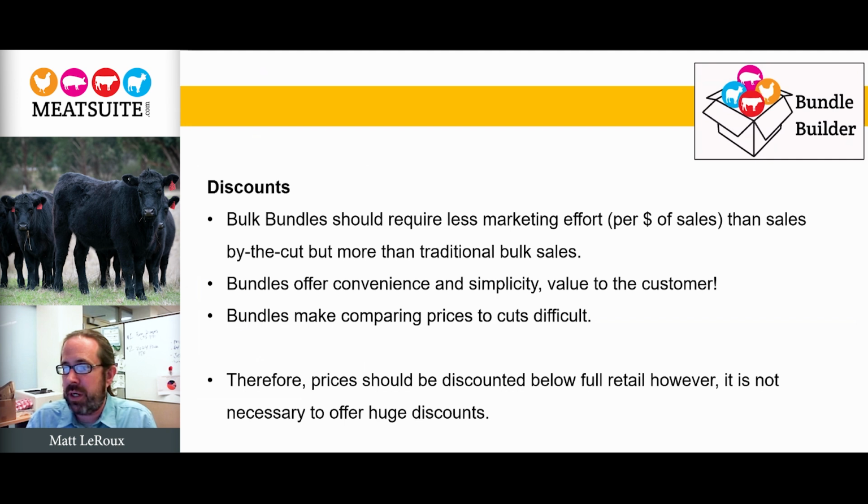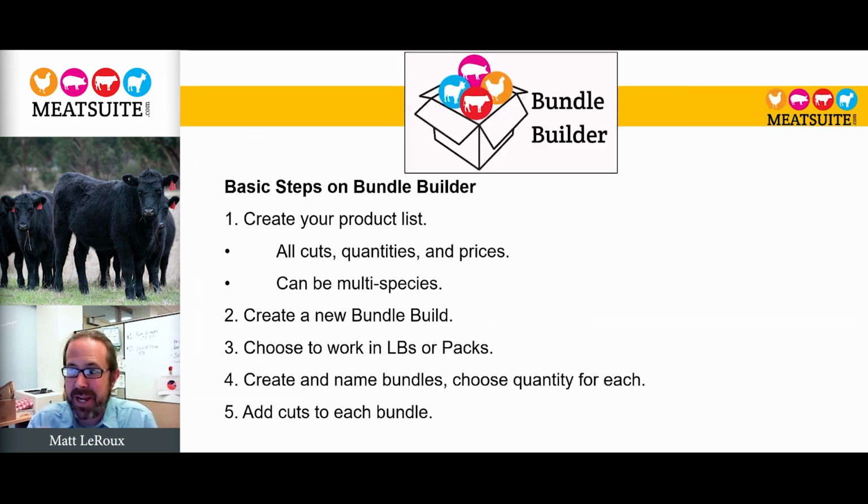Therefore, prices should be discounted below full retail. However, it's not necessary to offer huge discounts. And when I say bundles make comparing prices to cuts difficult, I'm thinking about Omaha Steaks, right? You can't ever look at two different bundles on Omaha Steaks and figure out their pricing methods. And as a matter of fact, I'm going to talk more about Omaha Steaks in a moment.